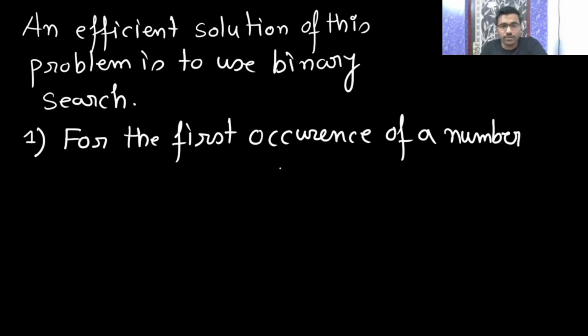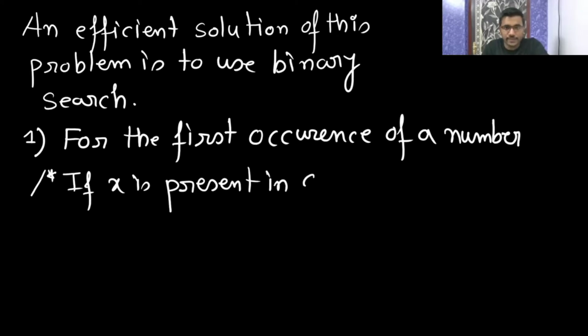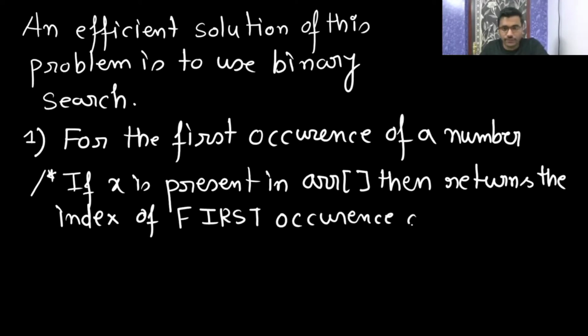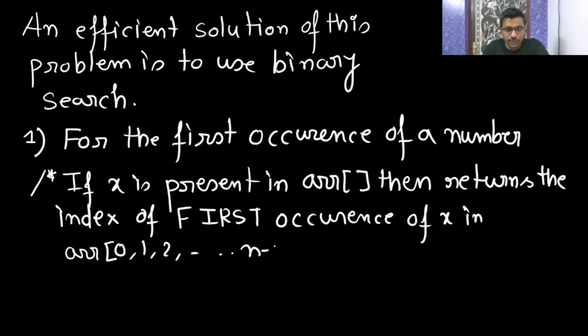Okay, so this is the first occurrence. For first occurrence, what is the problem? So let me first write the problem. If x is present in the array, then return the index of the first occurrence of x in the array, and the array index is starting from 0, 1, 2 till n minus 1.